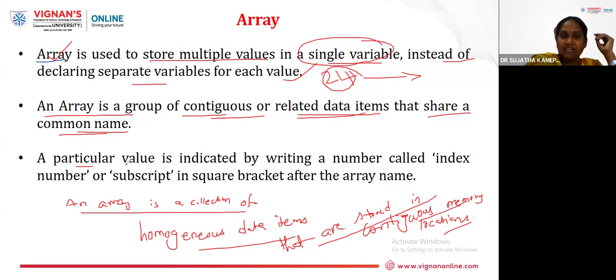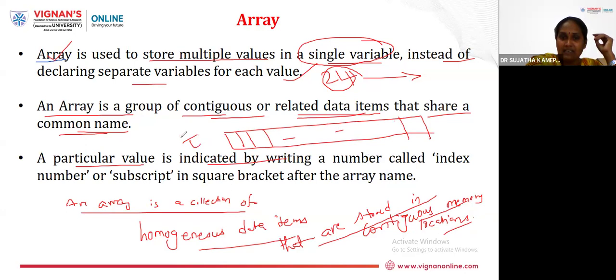Suppose my array consists of 24 values. I have given the name of this array as temp, since it represents all temperature values. This variable stores 24 values.